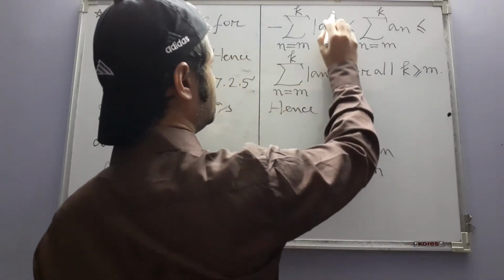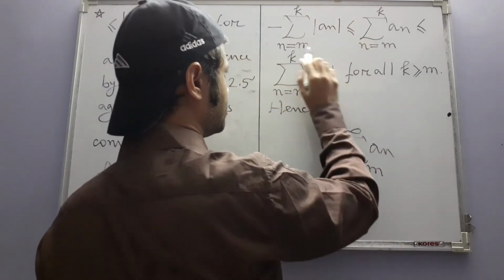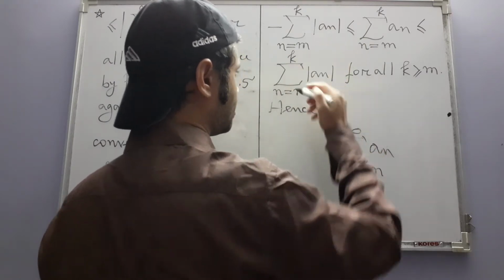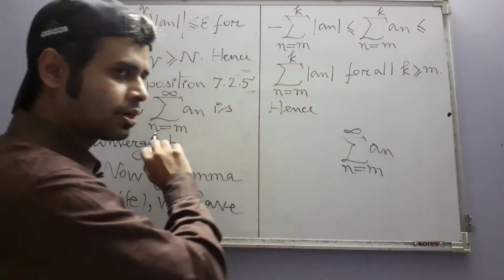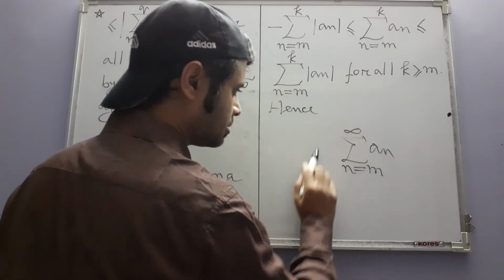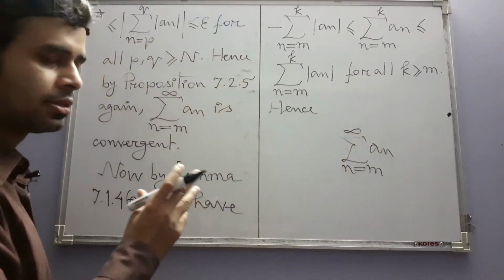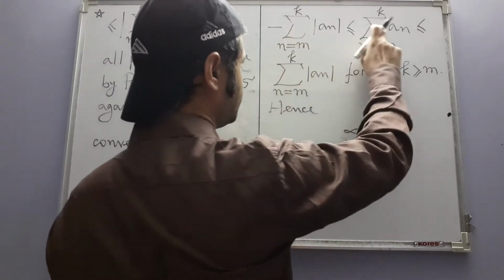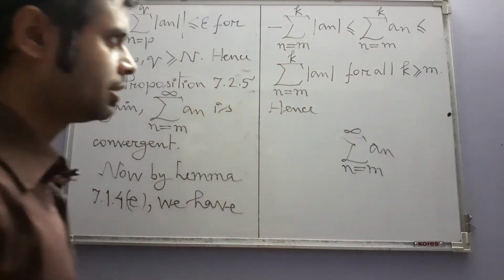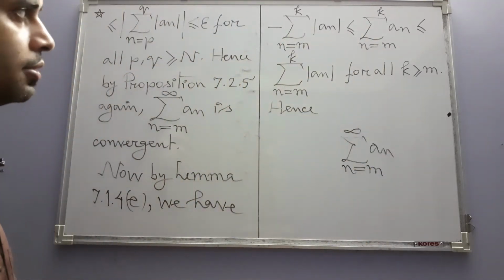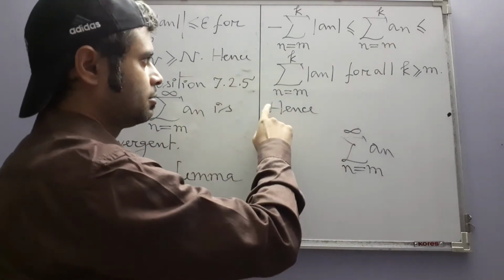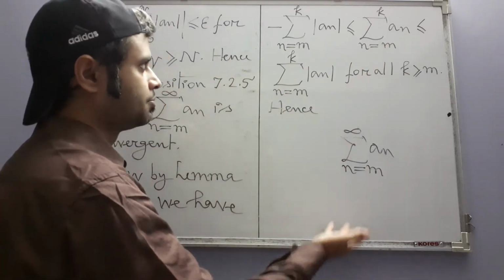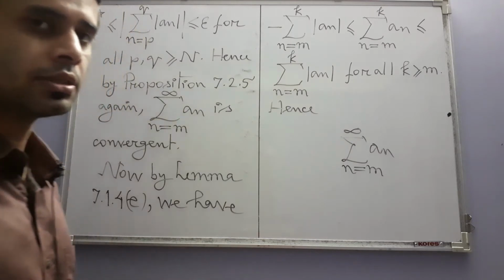That means this series and this series, they are both convergent, and just now we have proved that this is also conditionally convergent. That means this is just simply convergent. So all these sequences of k are convergent, so we can use the comparison principle and take limits. Even after taking limits, the inequalities will be preserved.